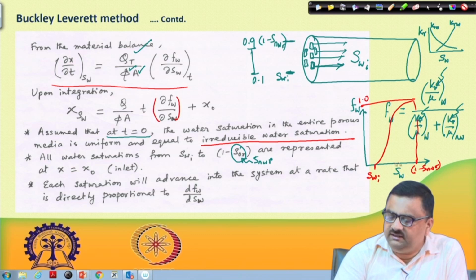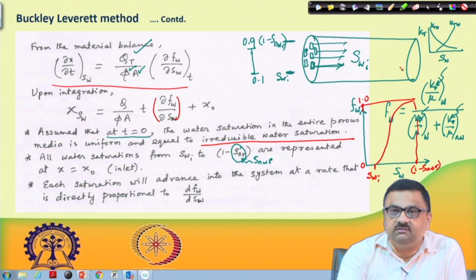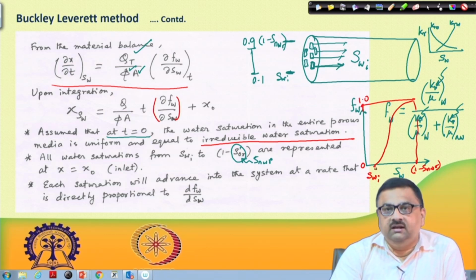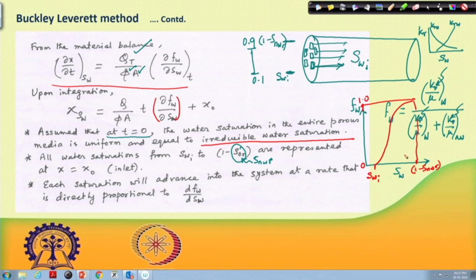Within this range FW will take a shape like this, where FW will vary from 0 at SWI. I can expect that at SWI only the non-wetting phase will flow, and the fraction of wetting phase will be 0 if the saturation is interstitial water saturation.